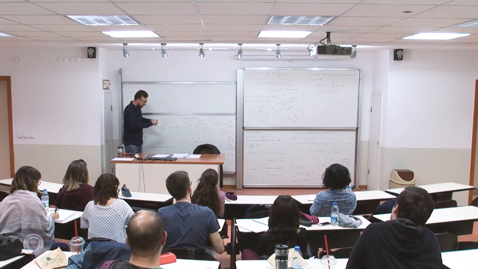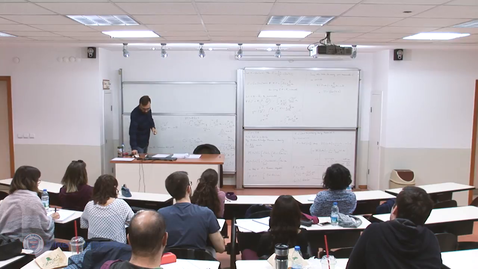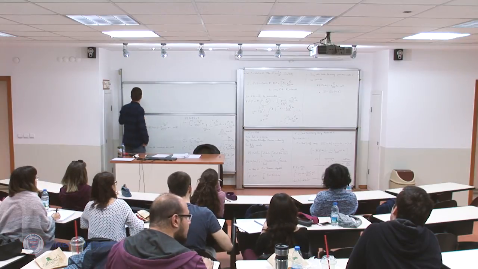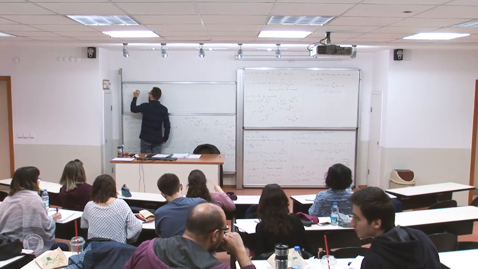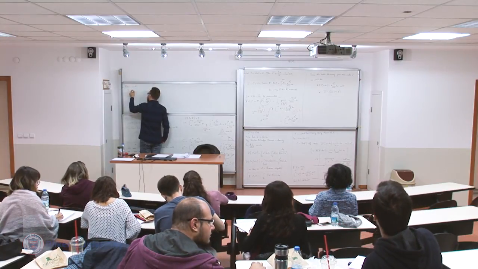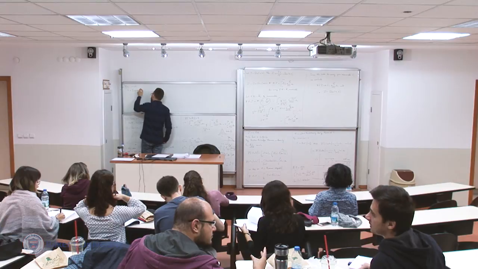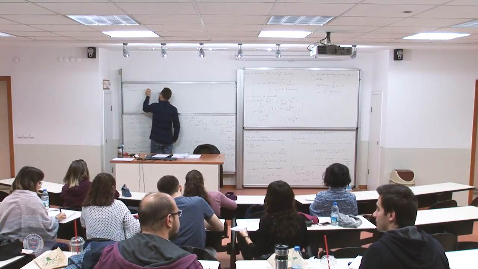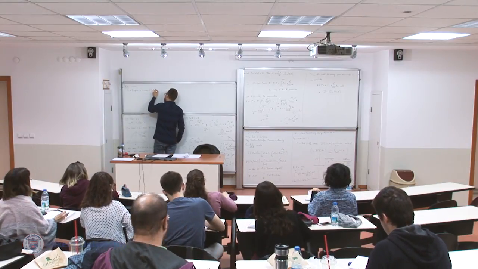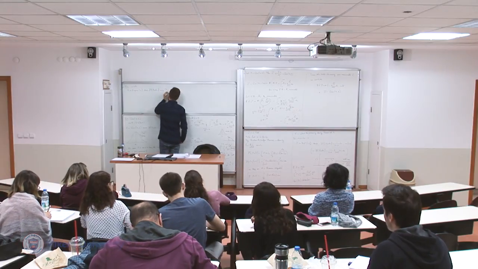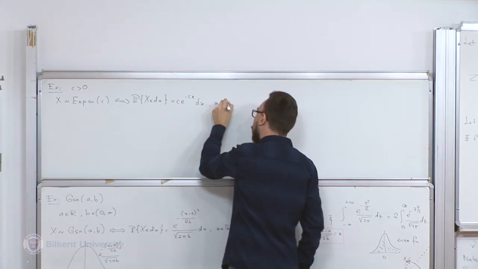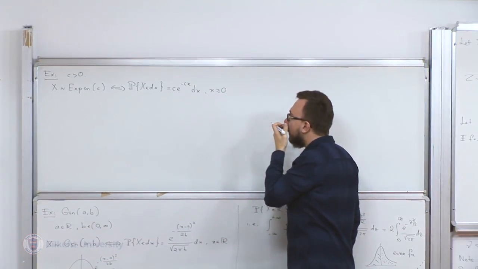So maybe another important random variable, which is positive valued: exponential. We say x has the exponential distribution with parameter c if its distribution is given by c e to the negative cx dx for positive x.